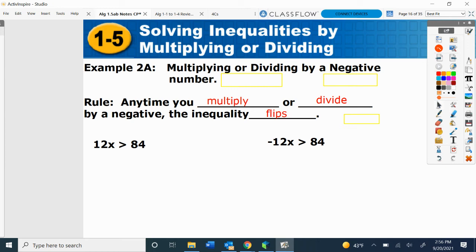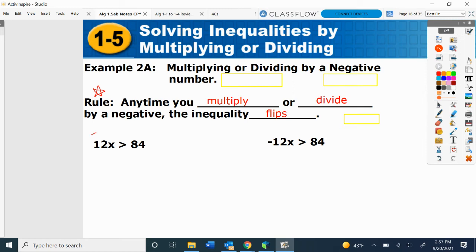It's a small rule. It's hard to remember. A lot of people forget it, but it can make your answer incorrect if you don't remember it. So anytime we multiply or divide by a negative, our symbol is going to flip the other way.